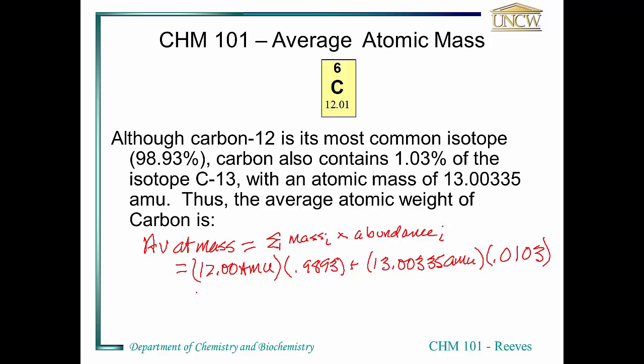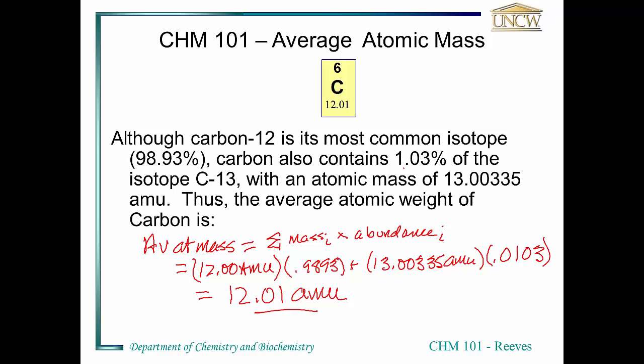And if you do that arithmetic, it turns out that you get 12.01 AMU as the average atomic mass of carbon. The other 0.04%, this doesn't quite add up to 100%, the other 0.04% is carbon-14, which is radioactive.